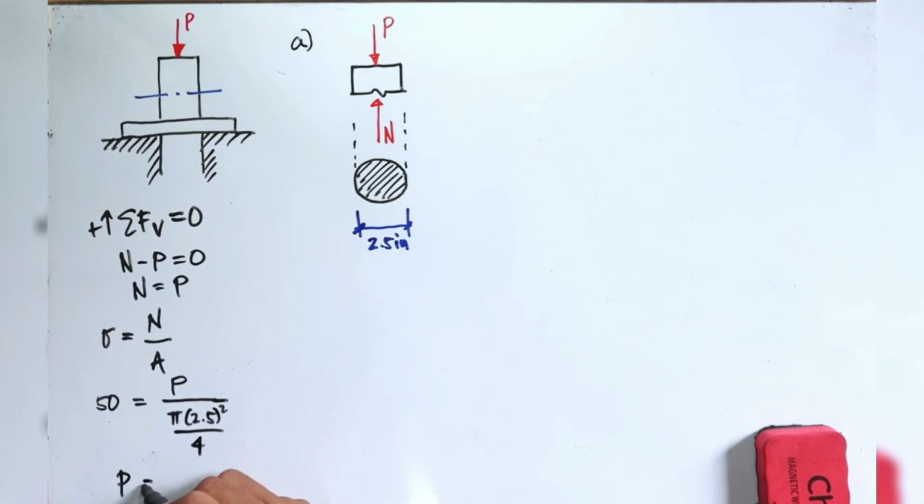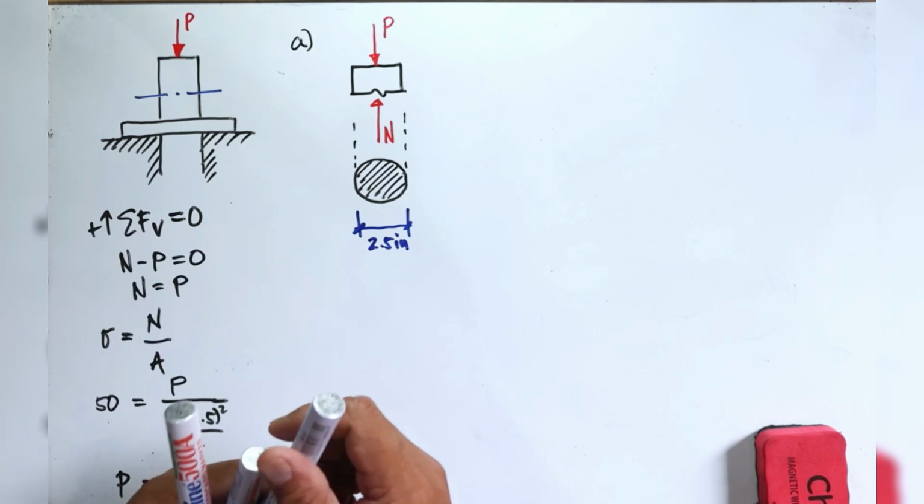So this will give you the external force P equals 50 times pi times 2.5 squared divided by 4 equals 245.44 pounds.